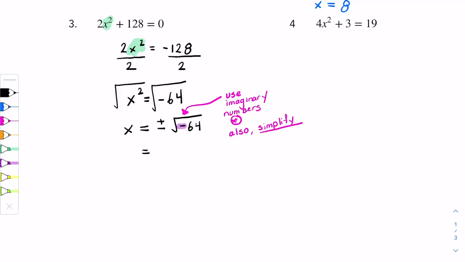To start off by simplifying this, I'm going to rewrite this as plus or minus, and then I'm going to take out my negative square root of 1, so I have i times the square root of 64.